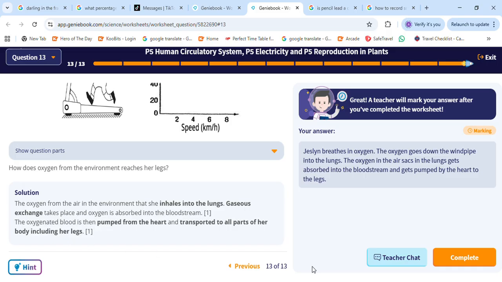Gas exchange, oh man. Oxygen is supplemented for carbon dioxide. I think I mentioned that.